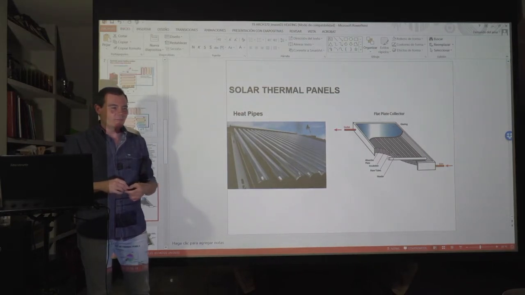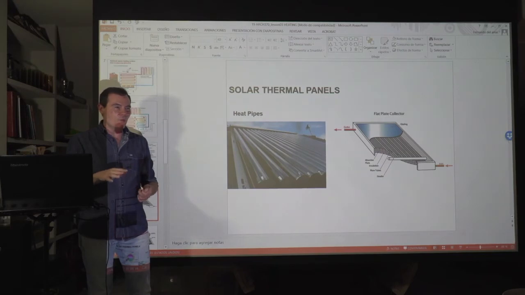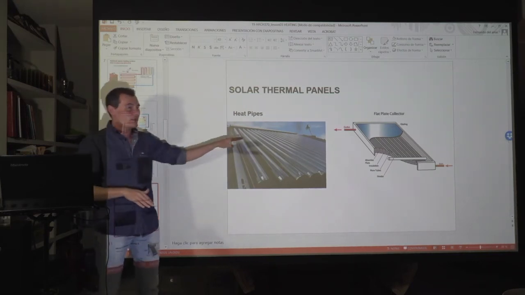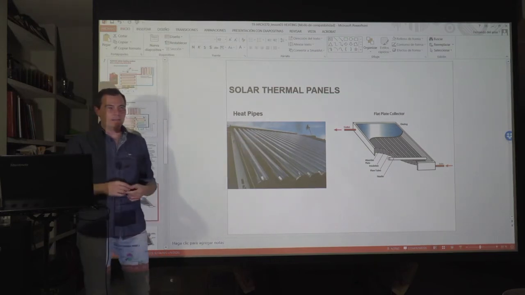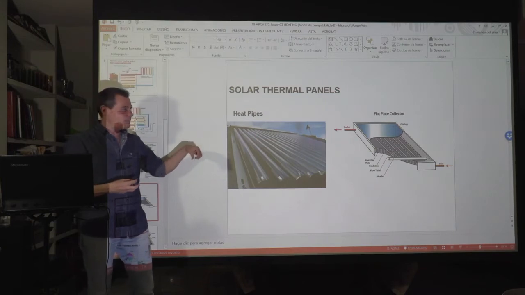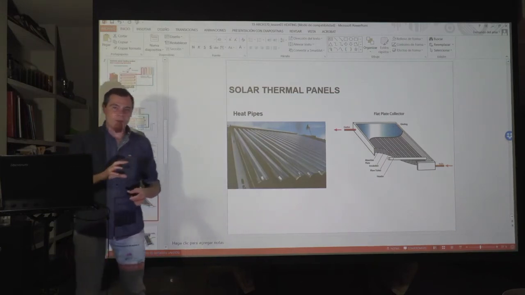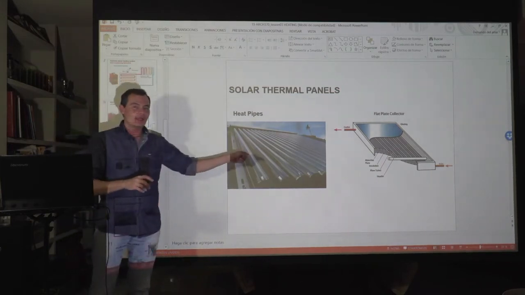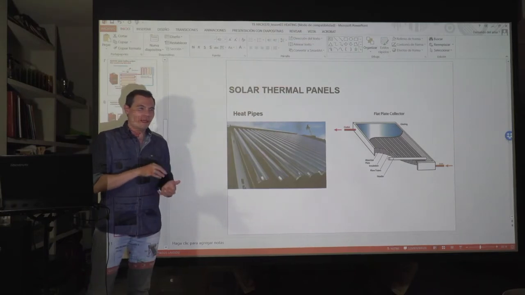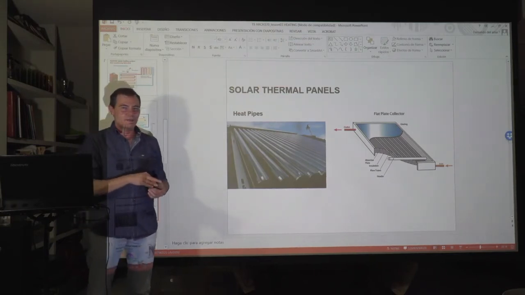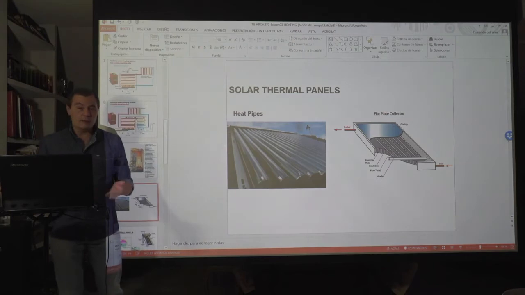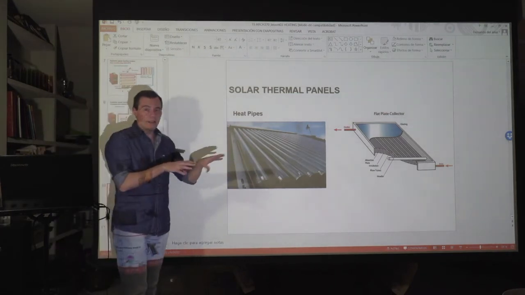So in mild climates in which we don't have temperatures below the freezing point, this is the best system. In very cold countries, it's a good system, but we have to be careful about that. I don't mean we can't use this, but we have to be careful, and maintenance is complicated in these kind of systems. Anyway, it's the most efficient because here we don't need any fuel.